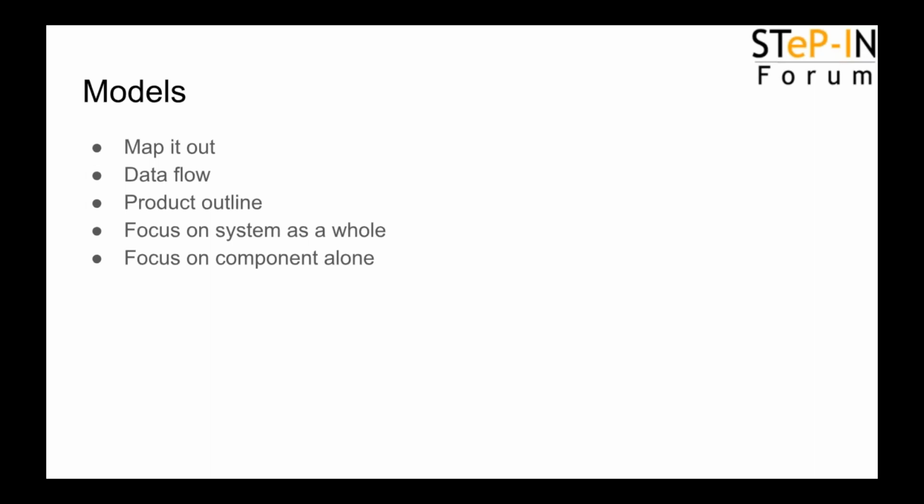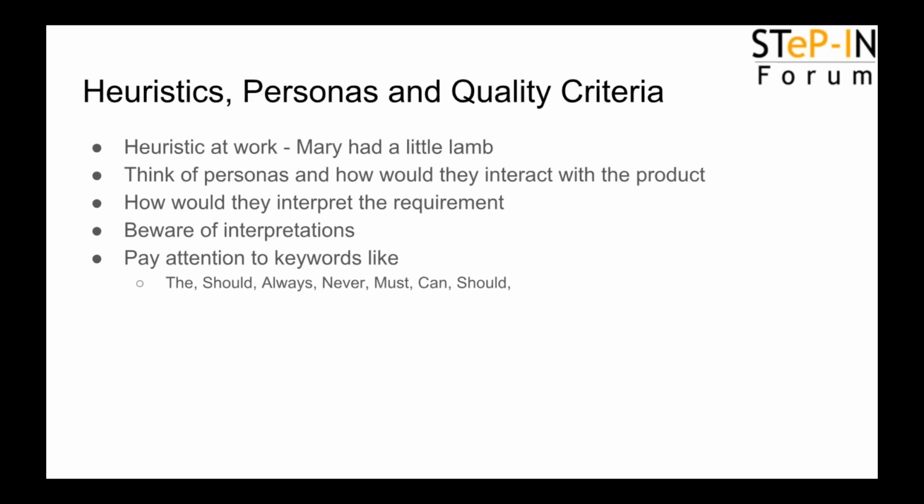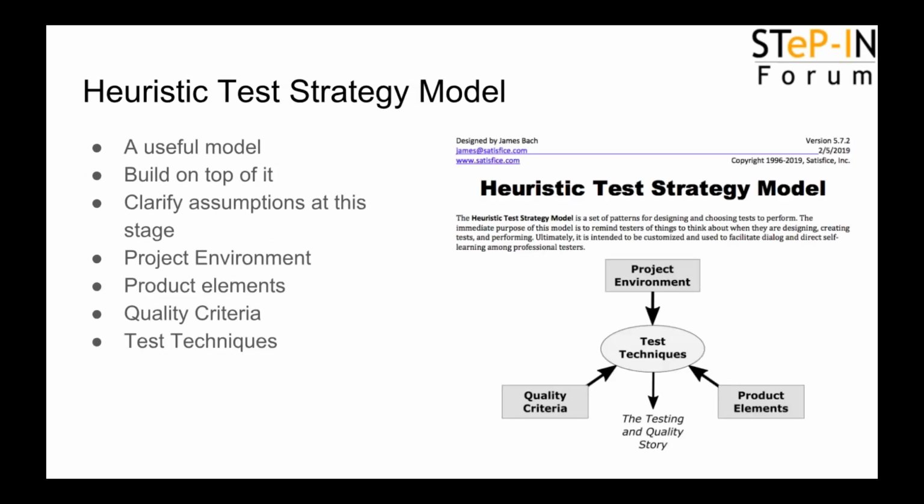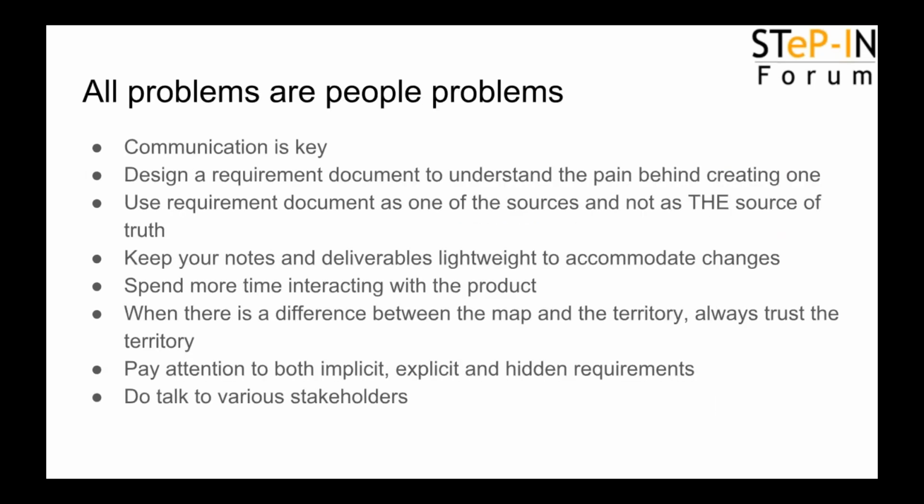Then a very strong topic: heuristics, personas, quality criteria, and how they are related to requirements, requirement gathering, and requirement analysis. Then one of the models, the Heuristic Test Strategy Model by James Bach, and how we can apply this to our topic. Then finally, a summary slide.